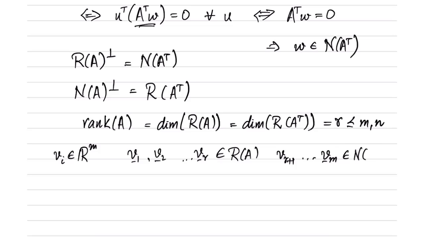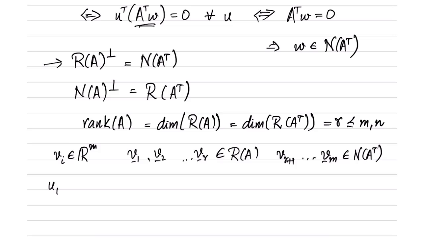the null space of A transpose, right? These are the elements that are all orthogonal to the range space of A. Remember that the null space of A transpose is exactly the orthogonal complement of R(A). So R of the elements are in R(A), and the remaining elements, which are all orthogonal to these, are in the null space of A transpose.